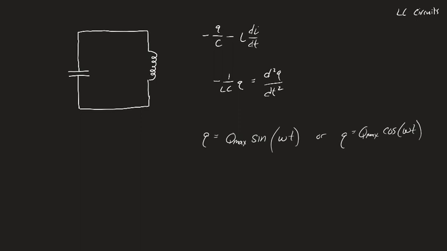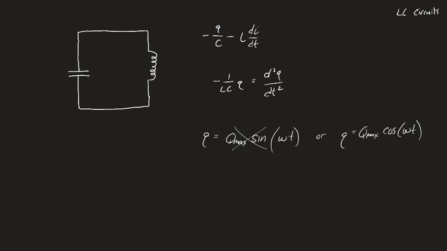And we had to pick which one of these was the more reasonable solution. And we threw out this one because we stated that this represented the charge on the capacitor, and the charge on the capacitor would be full at time equals 0.